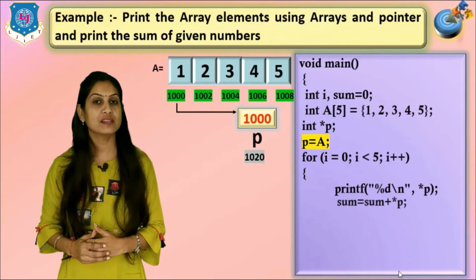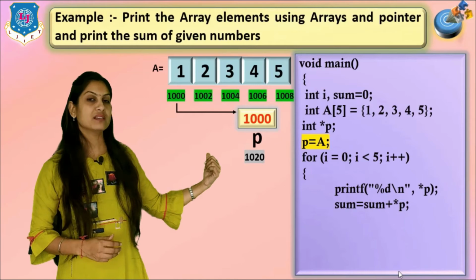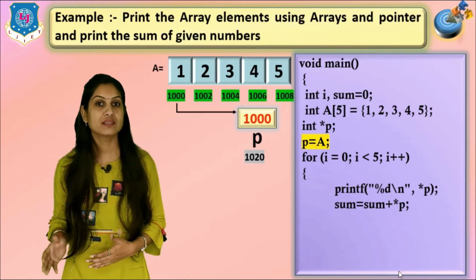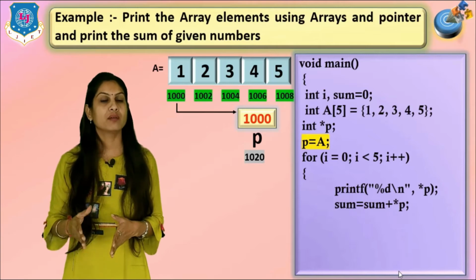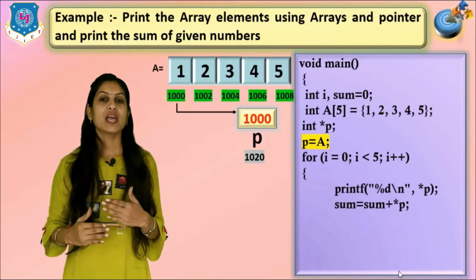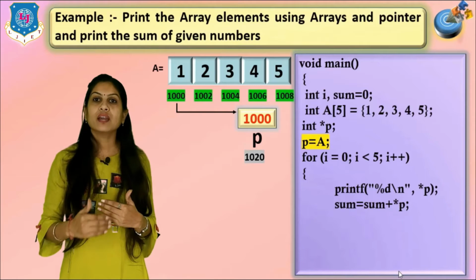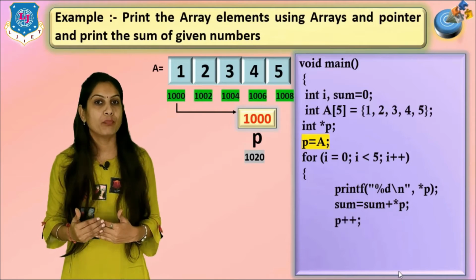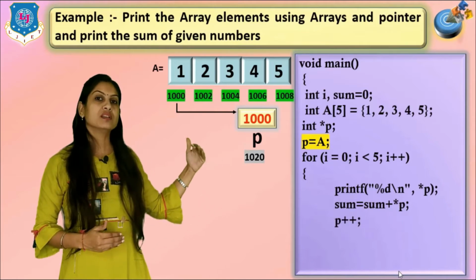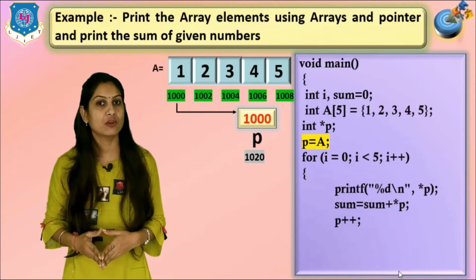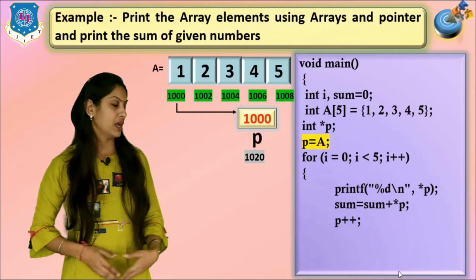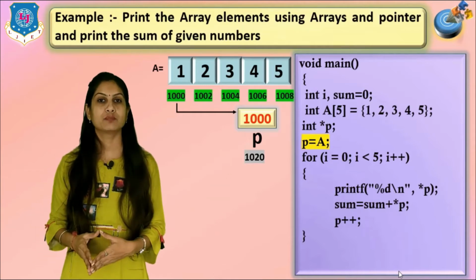Now we want to find the sum. So my formula is sum equals sum plus star p. So by default sum is 0, and 0 plus 1 means sum becomes 1. Then our i will be incremented, and also we have to increment our pointer, means 1000 location will be incremented and it jumps onto the 1002 location. Clear? And for that we are using p plus plus.